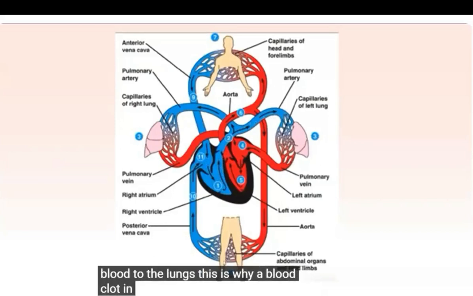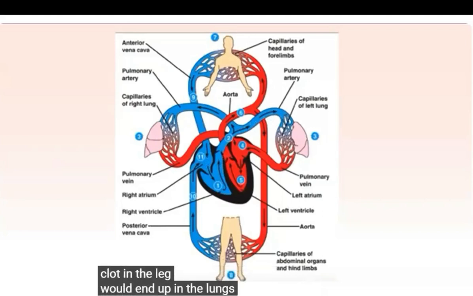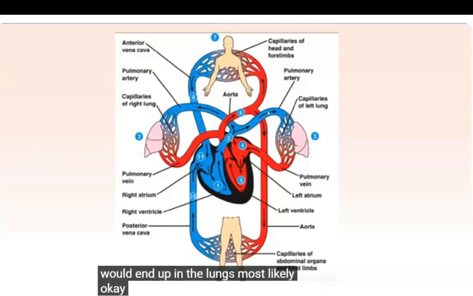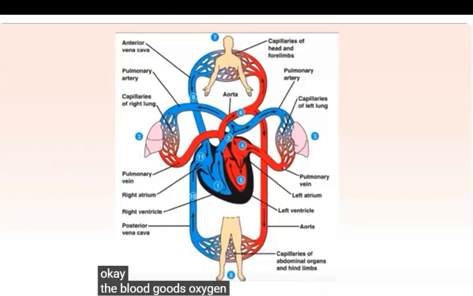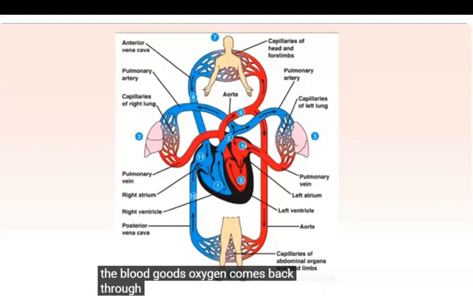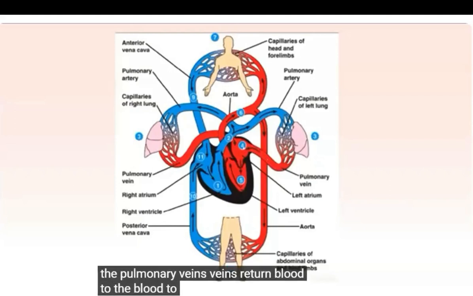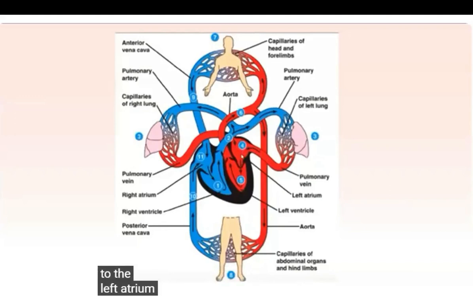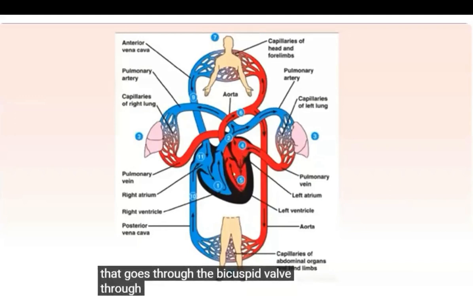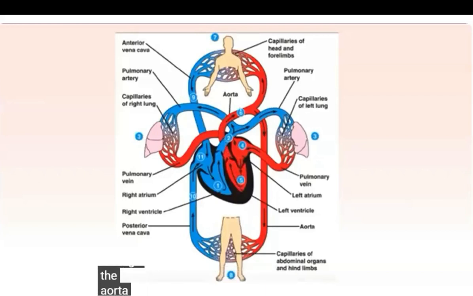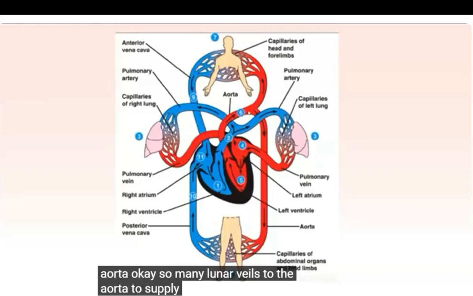This is why a blood clot in the leg would end up in the lungs most likely. Blood gets oxygen, comes back through the pulmonary vein, because veins return blood to the heart, to the left atrium. That goes through the bicuspid valve, through the semilunar valve to the aorta to supply the rest of the body.